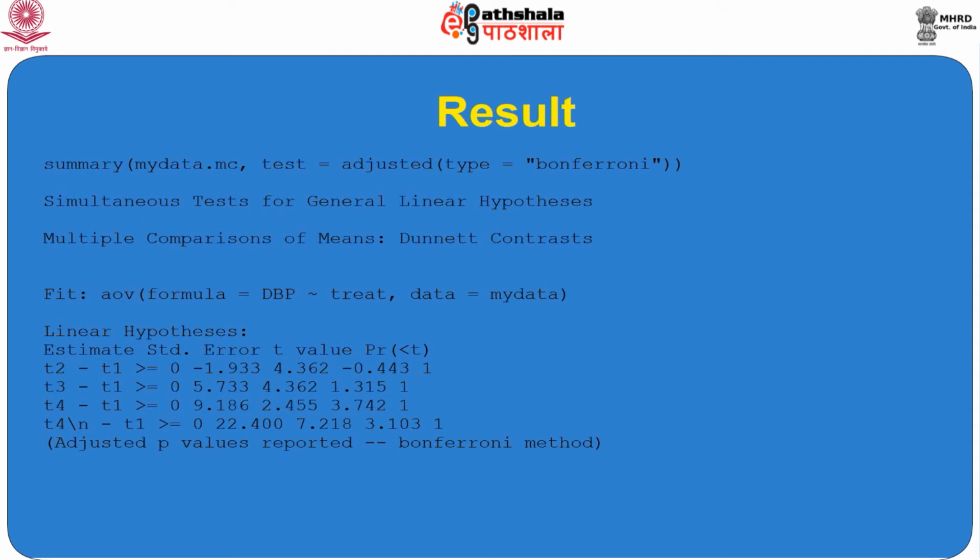In that scenario, the p value is divided into an equal number of groups. Here we have 4 groups, so the observed p value is divided by 4, and that uniform p value is considered for each treatment difference, and based on that the result comes. So this is another result obtained by applying the Bonferroni test.